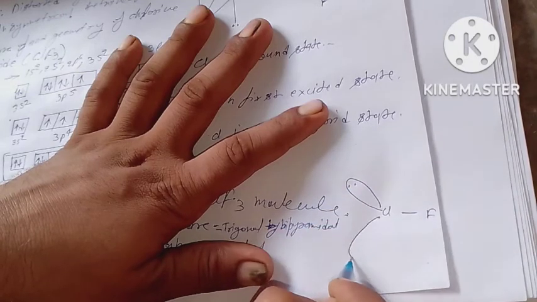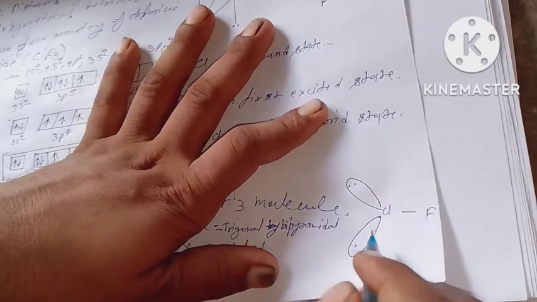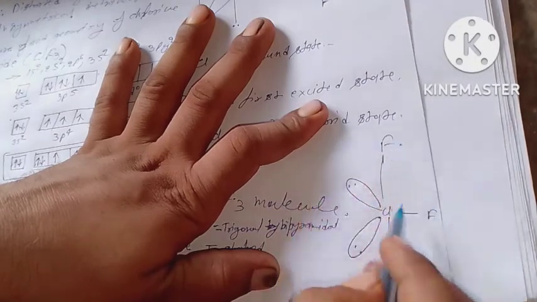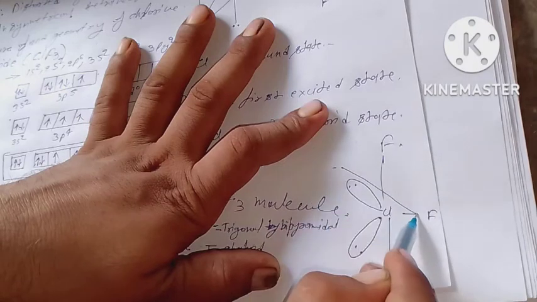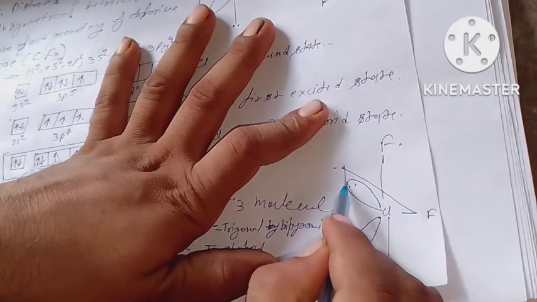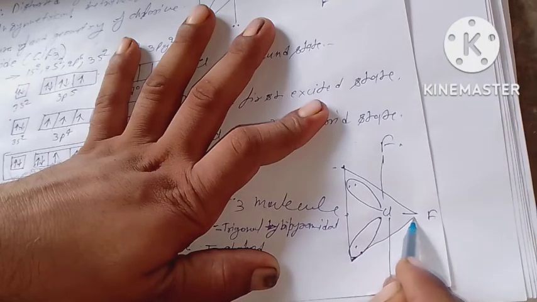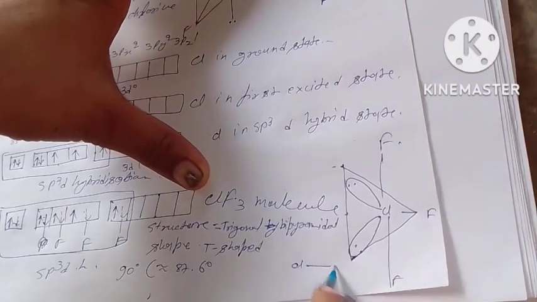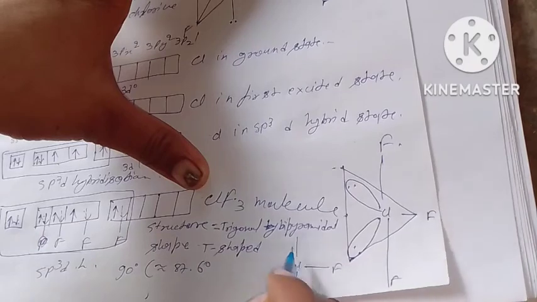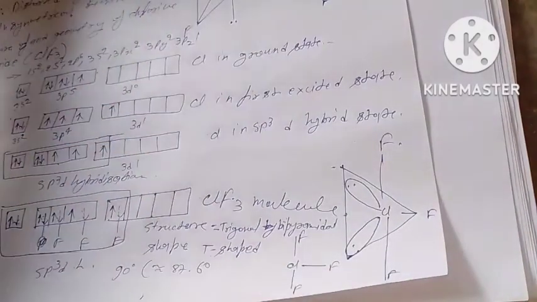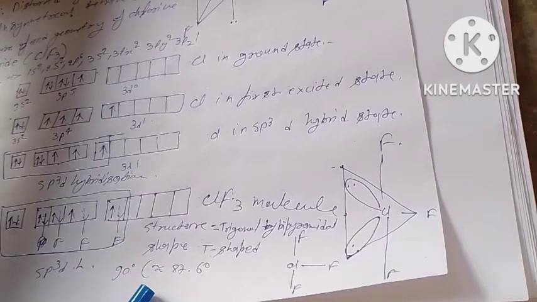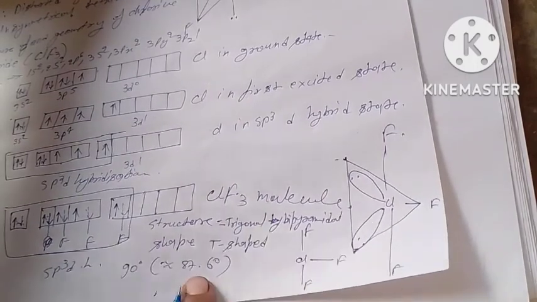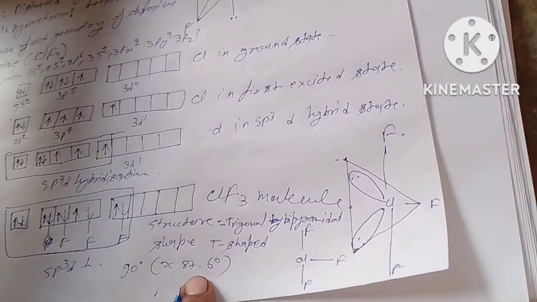And the structure is like this, and the shape is also T-shaped because bond angles are almost 90 degrees, approximately 87.6 degrees. The distortion is due to the presence of two lone pairs.